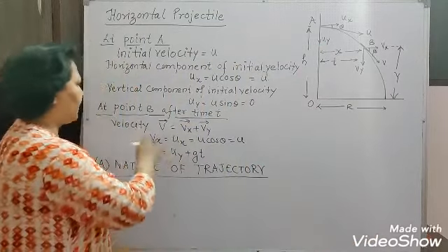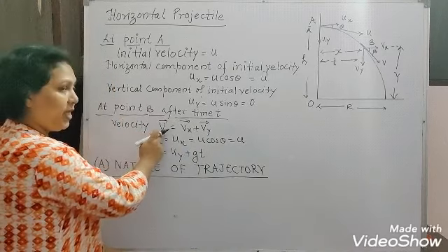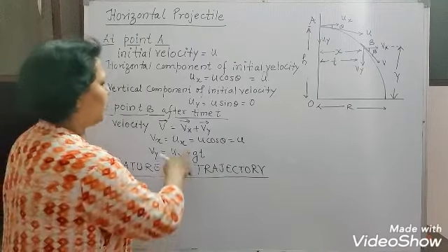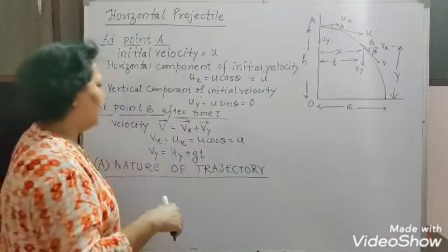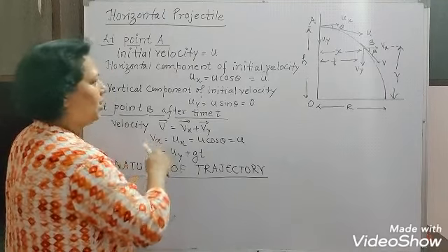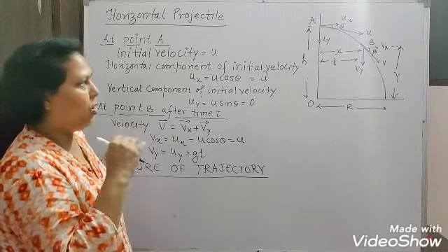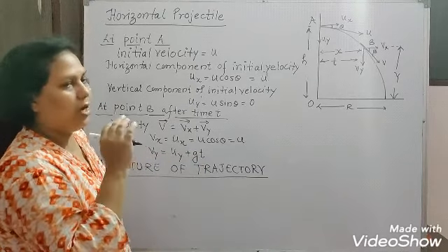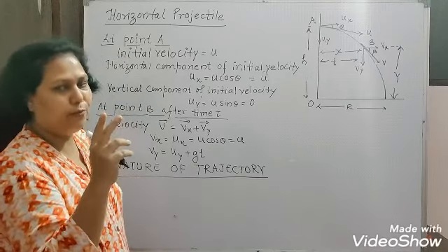That means at this point B, after time t, the velocity is v, which is the vector sum of vx and vy, the horizontal component and the vertical component. Already you know that projectile motion is the combination of two types of motion.